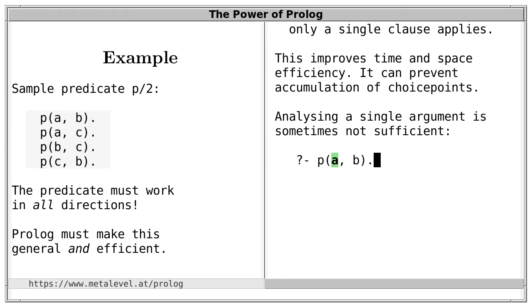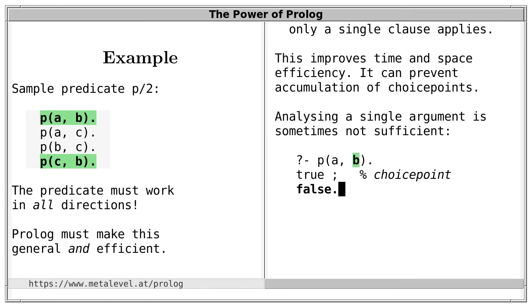And let's consider the first argument, which is a. So there are two clauses that apply, namely the first two clauses. And if we consider the second argument, which is b, then there are again two clauses that apply, namely these two. And accordingly, when we post this query, we get success and a choice point remains.